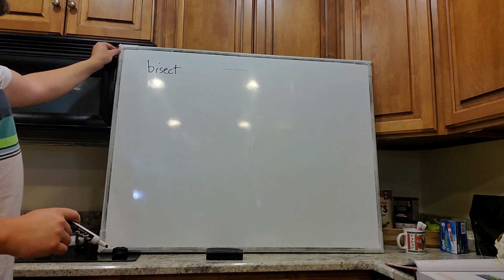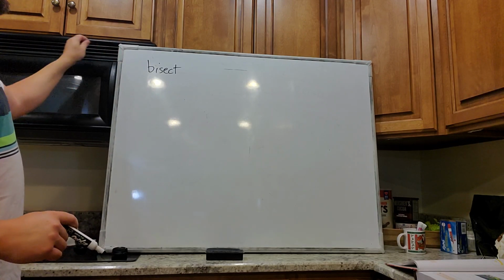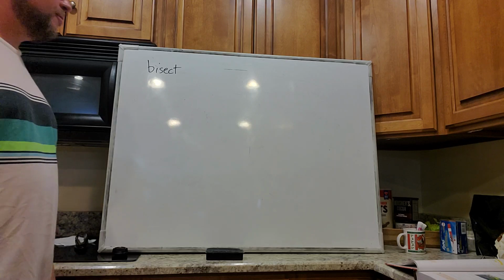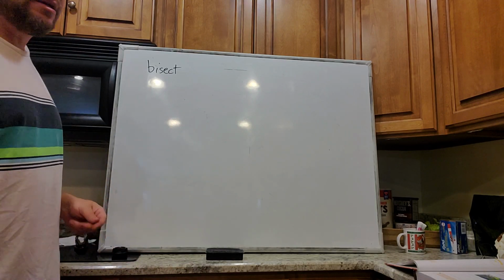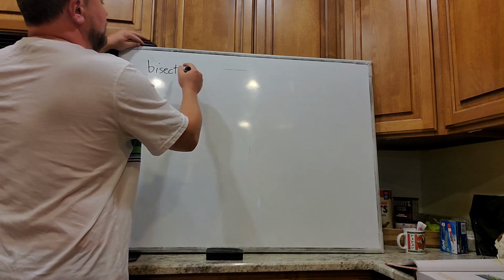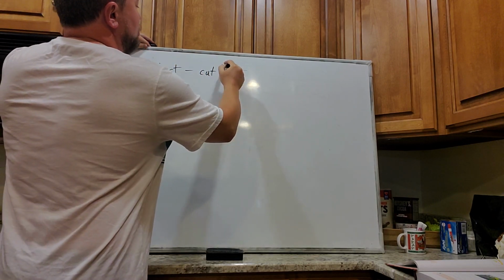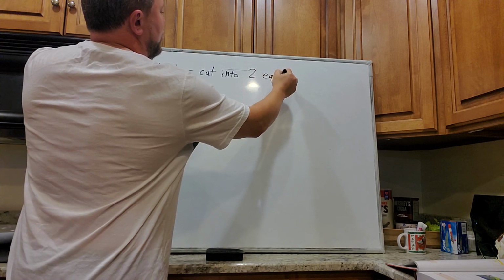To bisect something means that we are going to be taking that figure and cutting it in half. So anytime you ever hear that word, bisect means to cut into two equal halves.